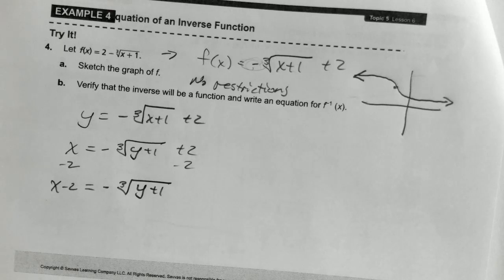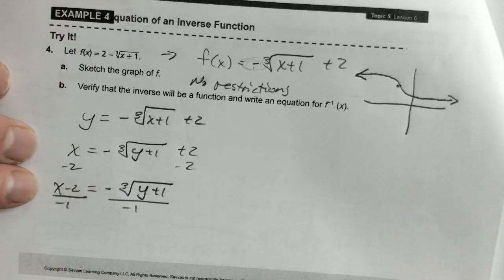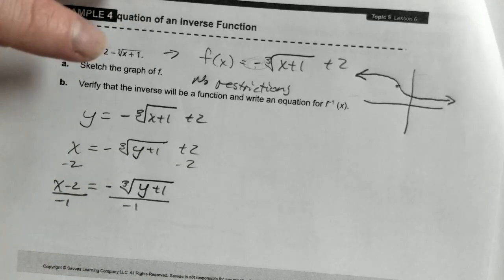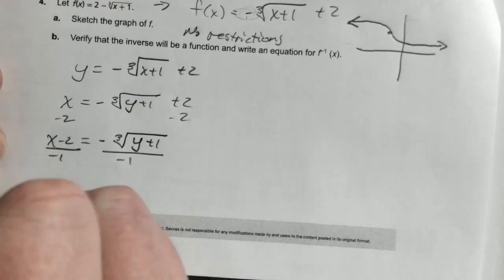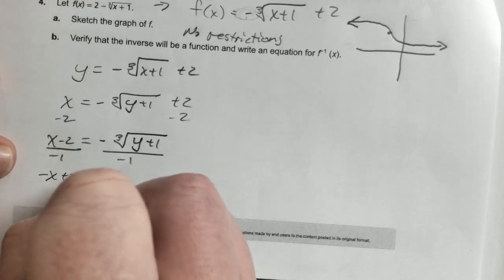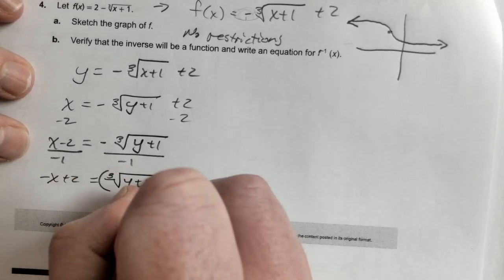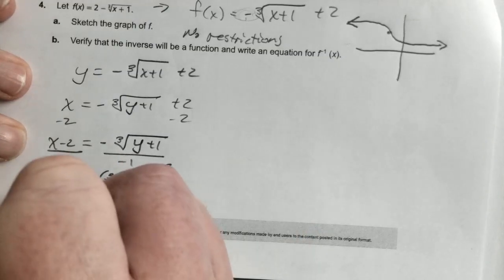Divide by -1. Beautiful. So we get negative x plus 2 equals the cube root of y plus 1. Next step, cube it. Got to get rid of that radical. Good job.